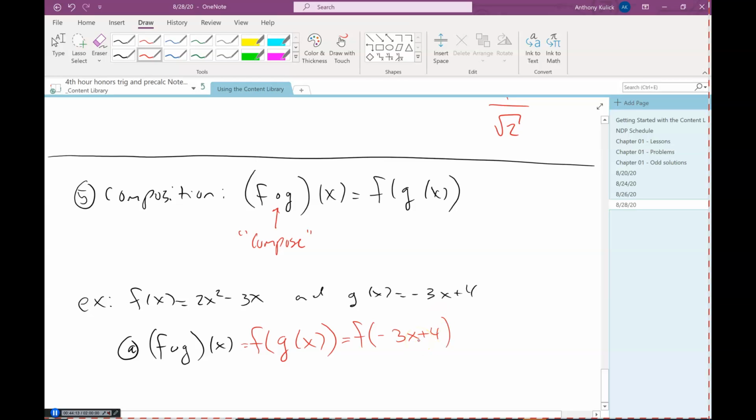In my function f, everywhere there's an x, I'm going to replace that with a negative 3x plus 4. So I'm going to have the 2, but instead of x squared, I'm going to have negative 3x plus 4 squared. And then I'll have minus 3 times, but instead of x, I'm going to have negative 3x plus 4.